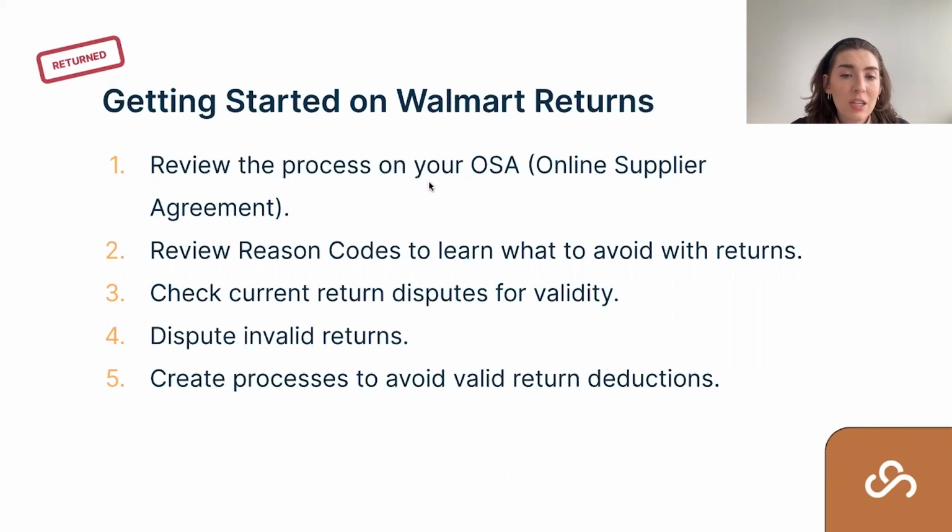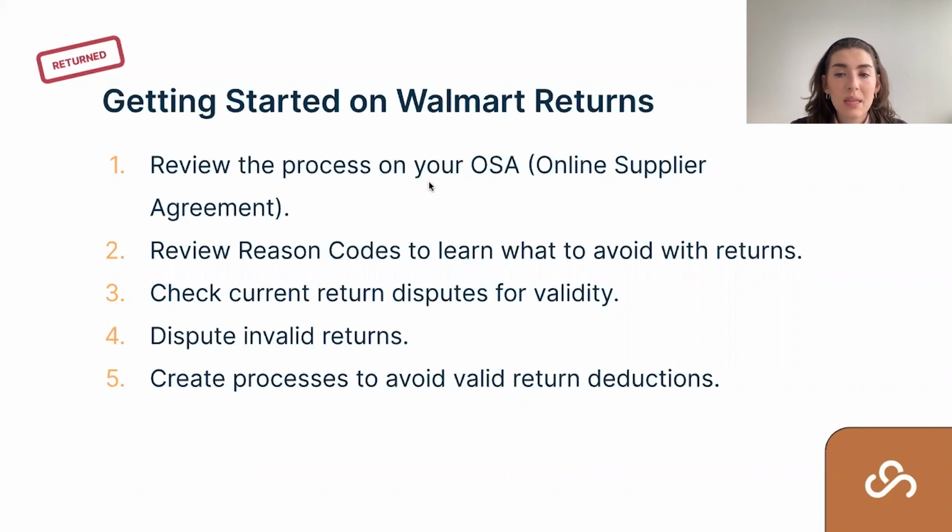Third thing is check your current return disputes for validity. When disputing, if you see a return fine coming into your APDP app, you should check to see if it's valid or not.